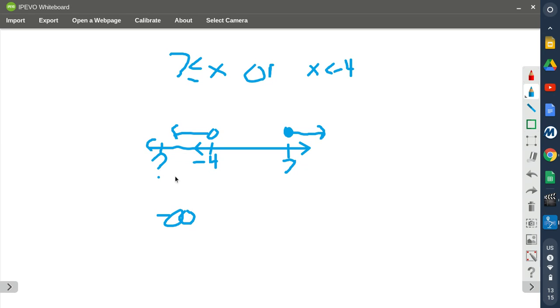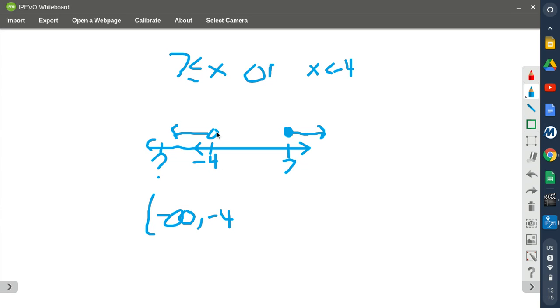Infinity isn't technically a number. So it goes from -infinity up to -4. Can it include -infinity? No, it can never include -infinity or infinity.